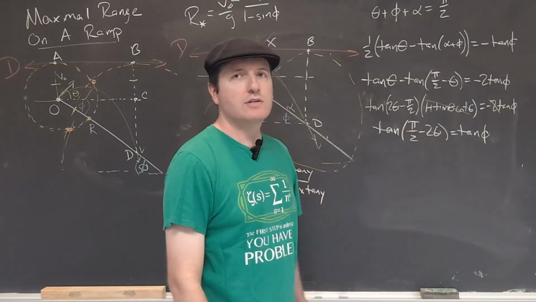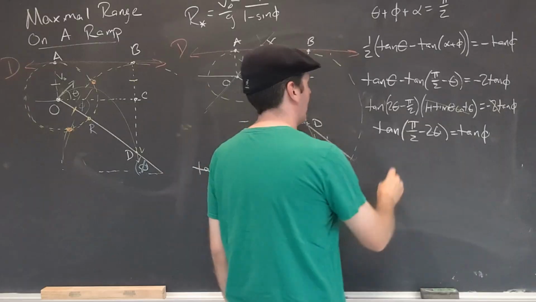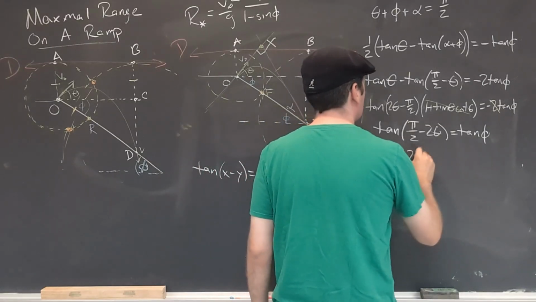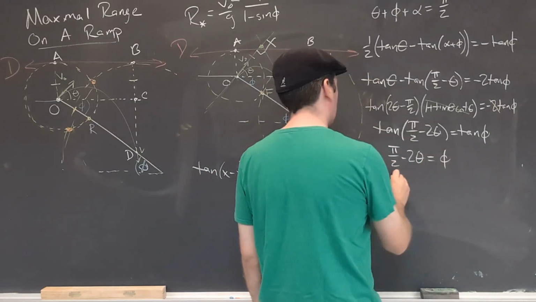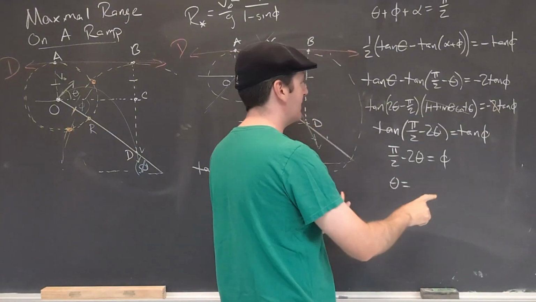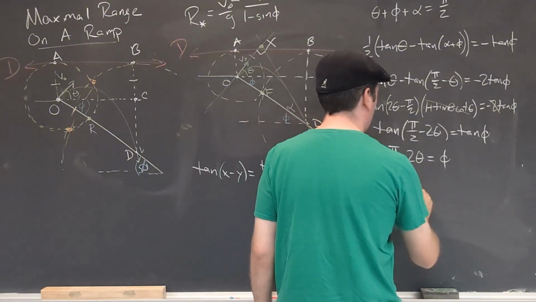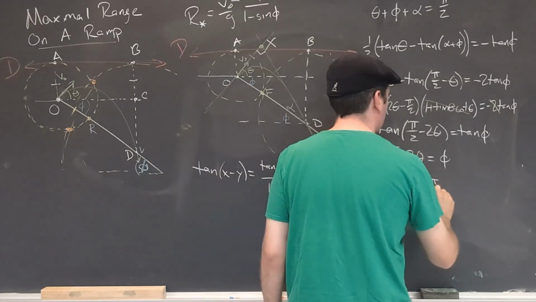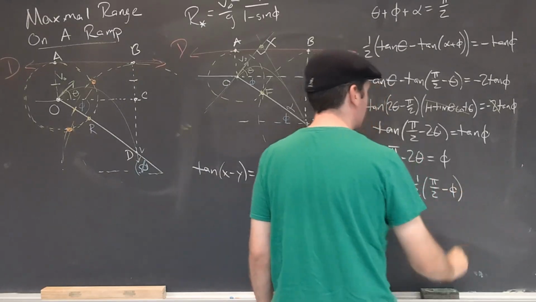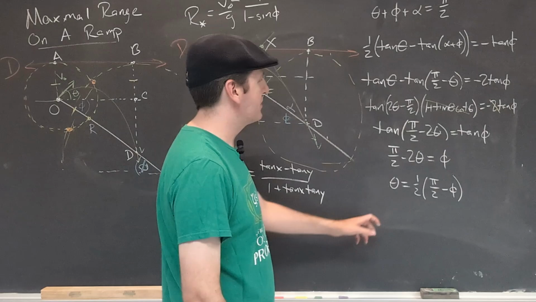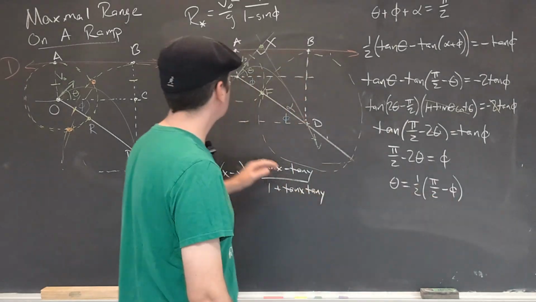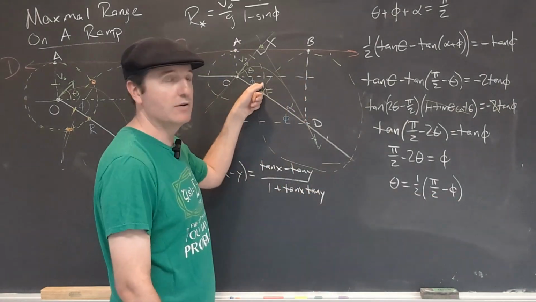And now I can take the arctangent of both sides, and I'll get that pi over 2 minus 2 theta equals phi, or solving for theta, we see that it's going to be 1/2 of pi over 2 minus phi. In other words, if I look at pi over 2 minus phi, that's the complement of this angle phi.